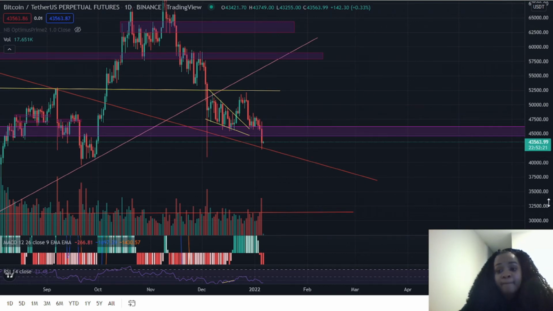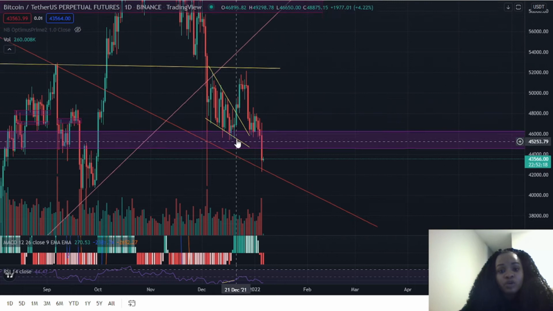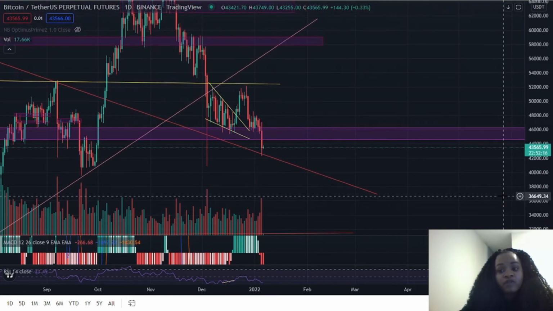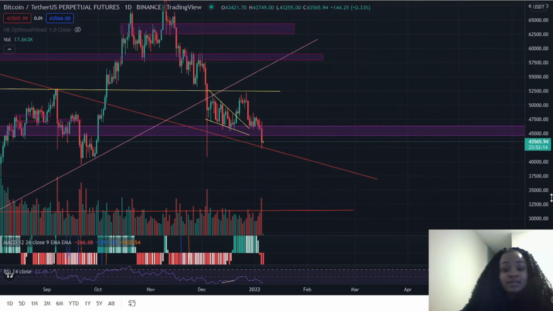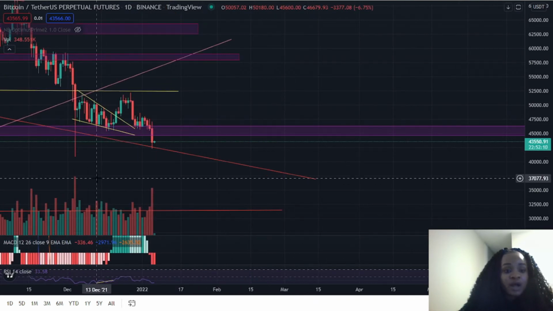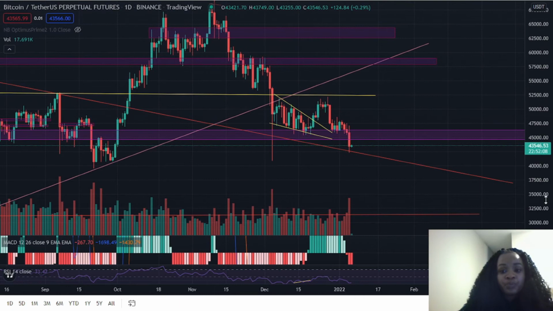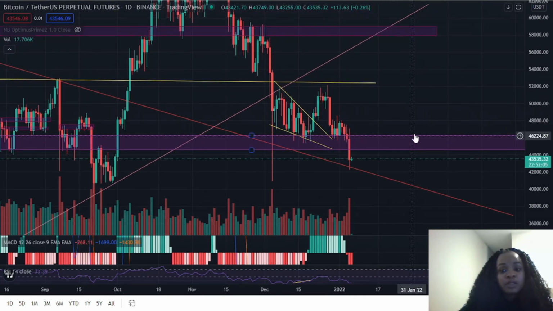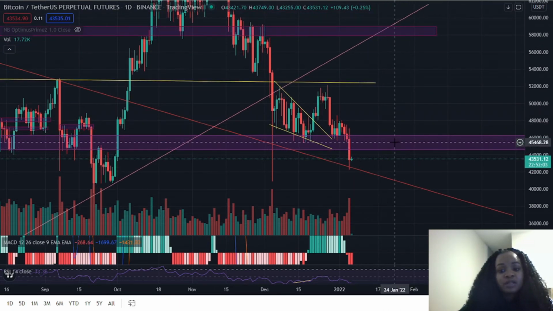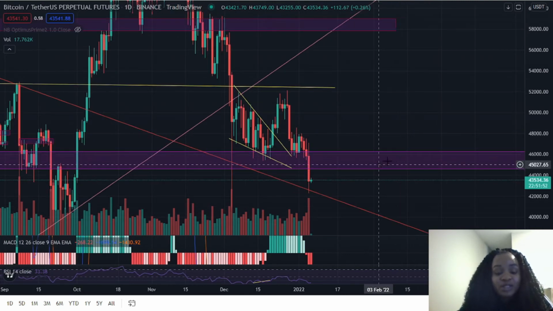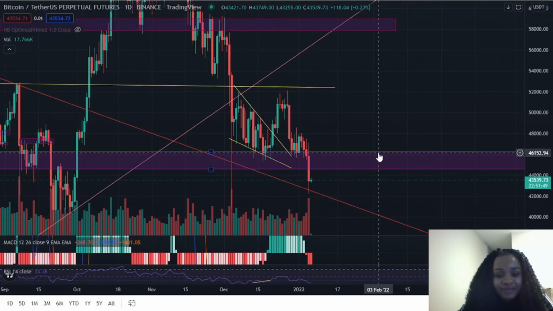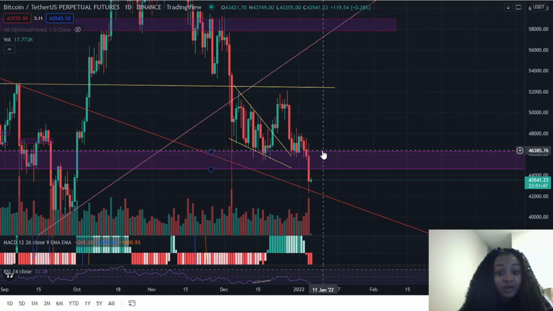Okay, now once I've determined what trend we're in, now I want to find what is the support and resistance line on the daily time frame. Okay, so this is what I want to look for here, and you can see this purple box here was there on the weekly time frame. This could also be used as a support line for the daily time frame as well.